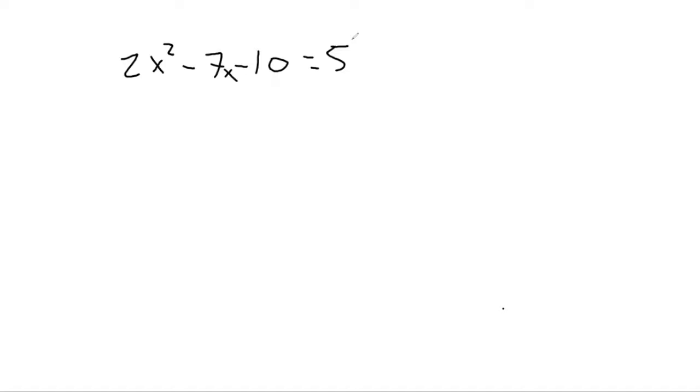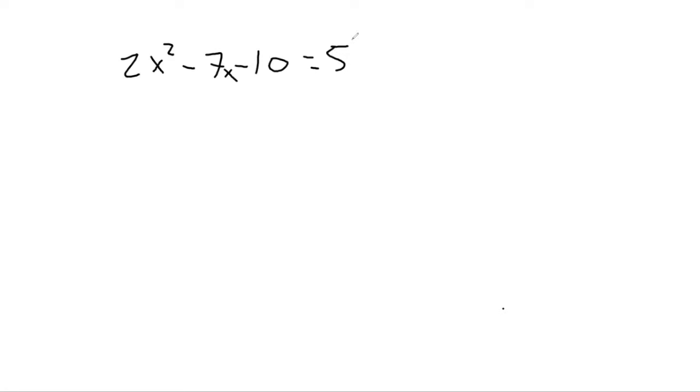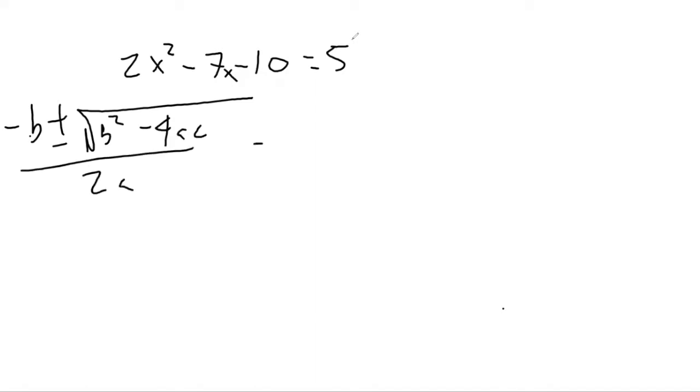Okay, in this video I'll be going over an error I see when people try to apply the quadratic equation. As we all know, because it's been drilled into our heads, the quadratic equation is negative b plus or minus the square root of b squared minus 4ac all over 2a, and this equals x.